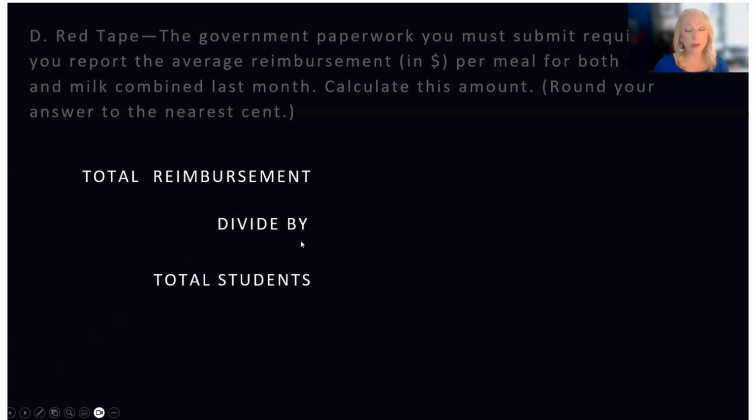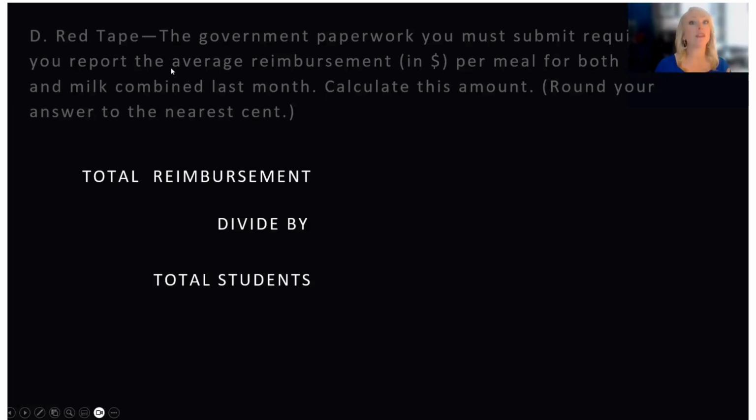We're going to take those amounts and divide. We'll take the total amount of reimbursement and divide by the total amount of students. The reason I know I'm going to divide is that anytime we need to find an average of something, that's always going to be a division problem. Fortunately, in the previous problems, we've already calculated the total reimbursement and the total students.